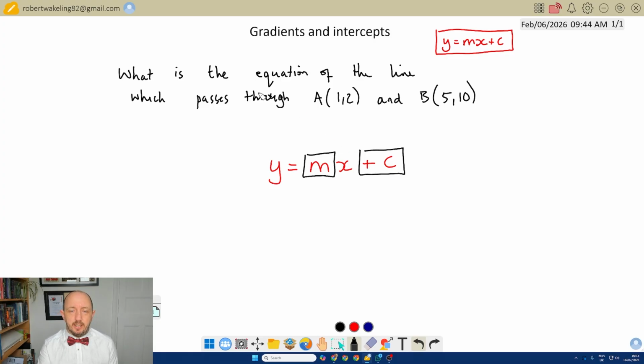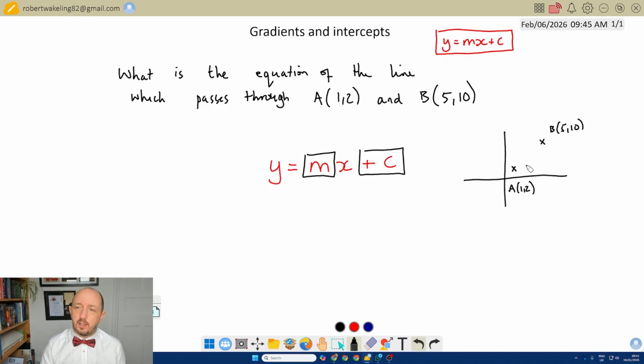With this question here, we have a line which goes through 2 points. So I would always advise a very quick sketch. A is (1, 2) and B (5, 10) would be somewhere up there.